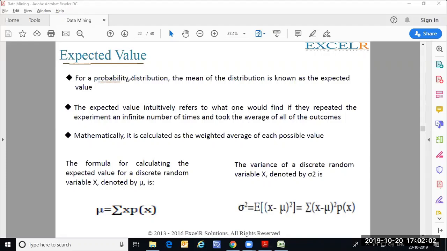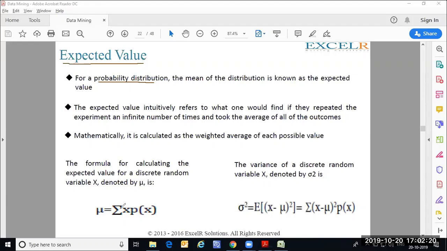And we've seen the probability distribution. The mean of the probability distribution is referred to as the expected value.